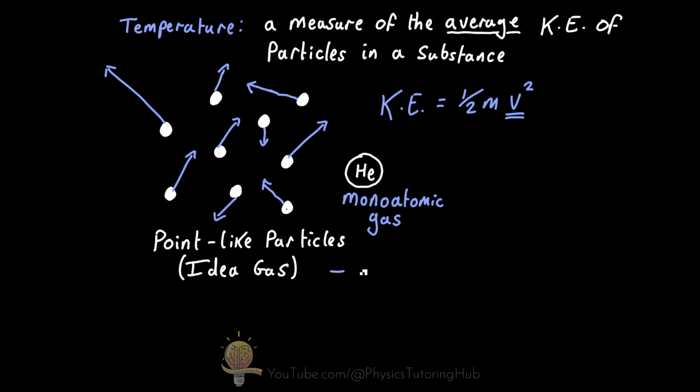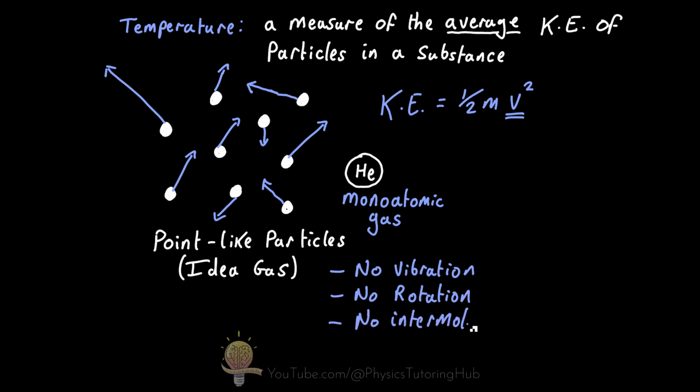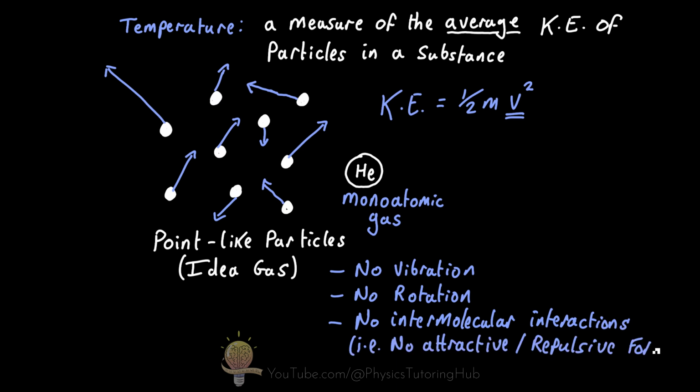And these point-like particles do not rotate, they do not vibrate, and they don't have any intermolecular interactions with other gas particles. And what this means is there is no attractive or repulsive force between the atoms of gas. So this gas can be simplified to an ideal gas.